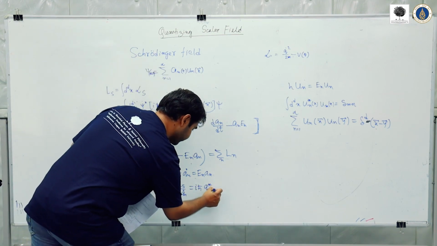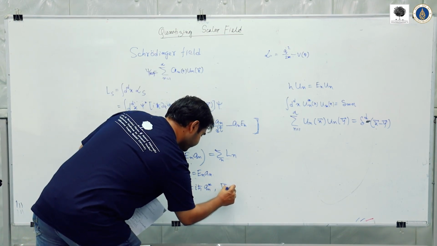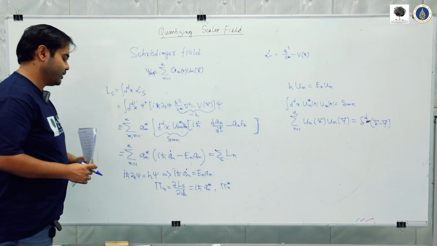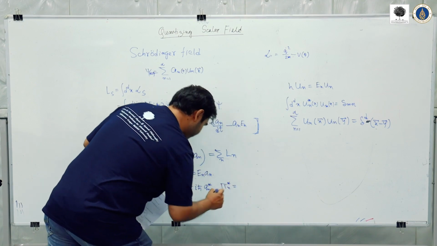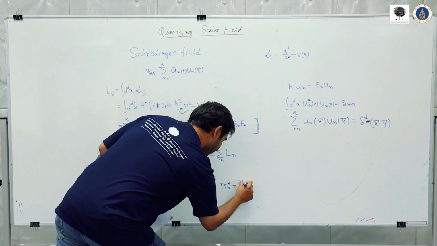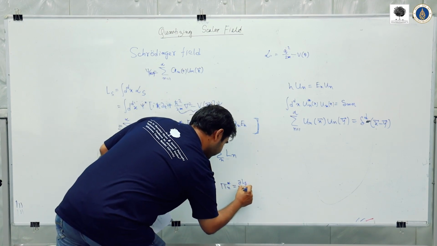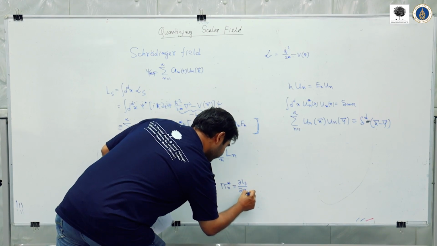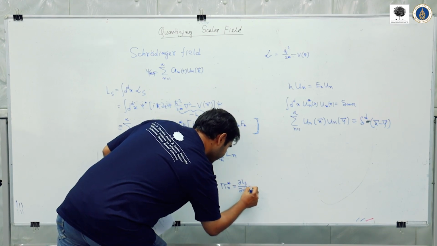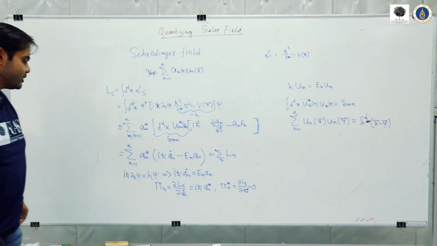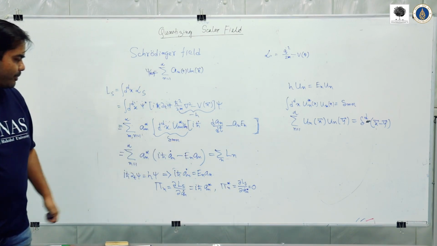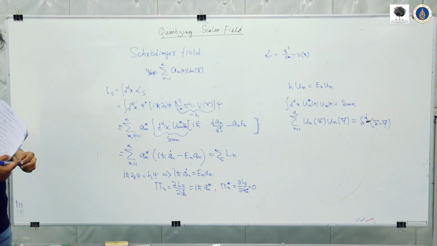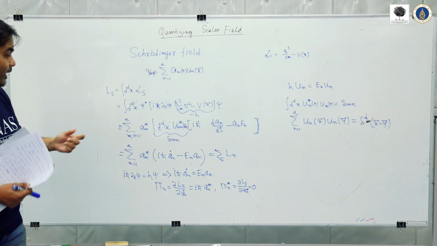But the momentum corresponding to a_n star is 0, because the Lagrangian does not depend on a_n star dot.